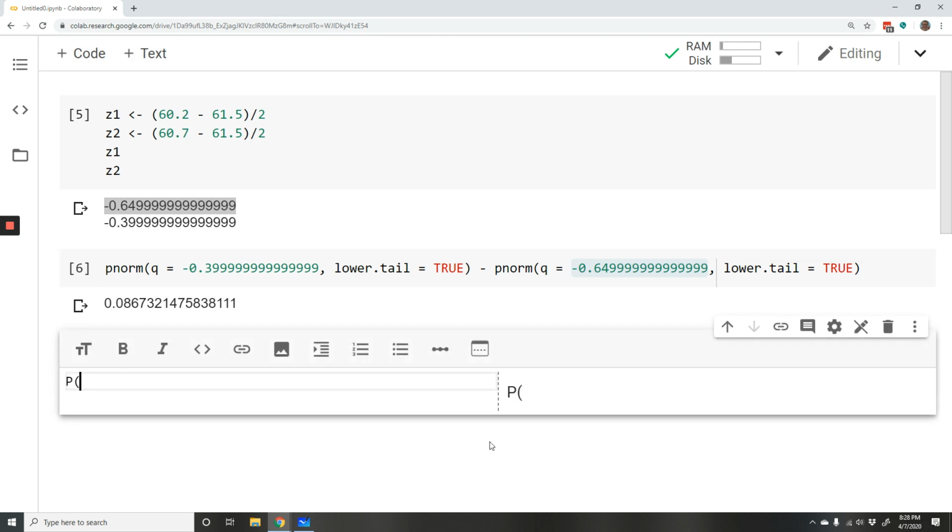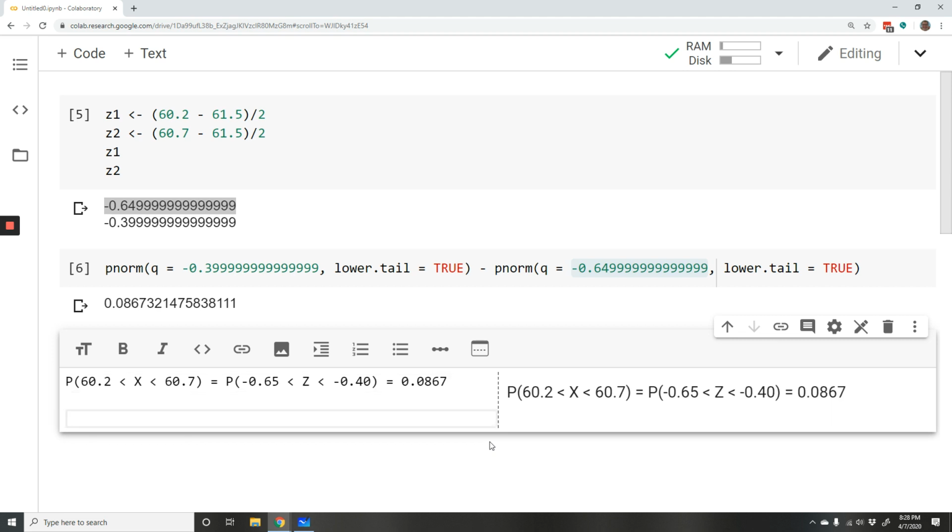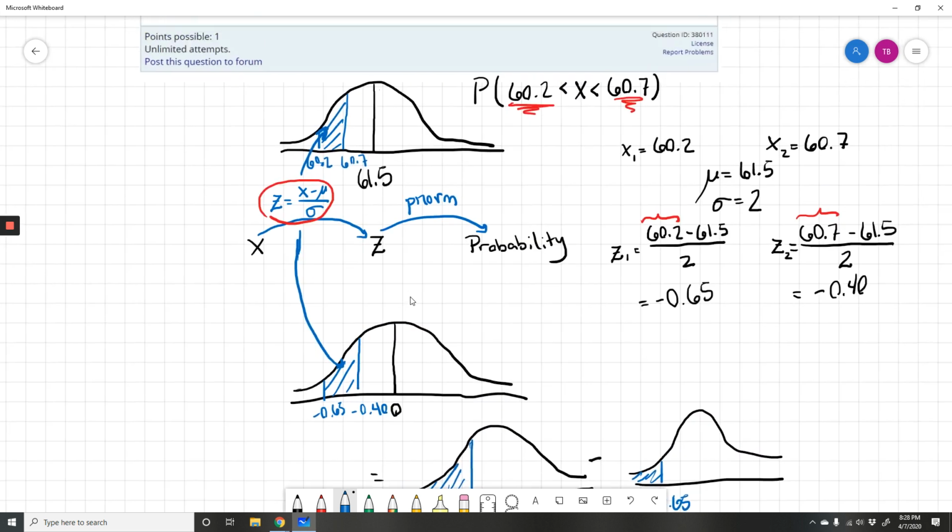So the probability that x is between 60.2 and 60.7 is the same as the probability that z is between negative 0.65 rounding and negative 0.40, which we just calculated is about 0.0867. And so what were we originally finding again?